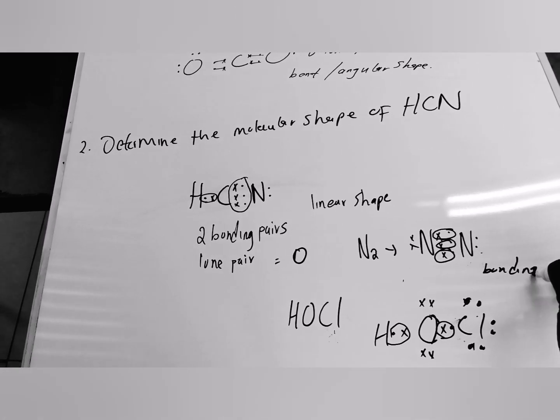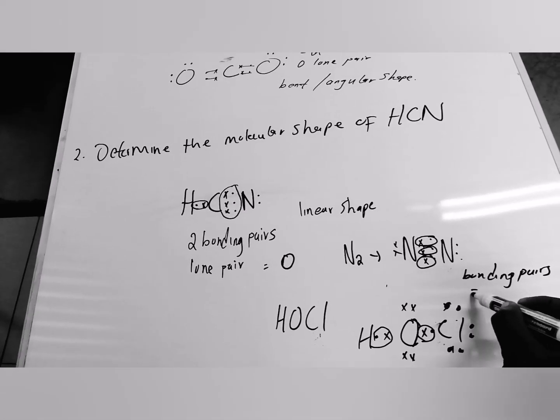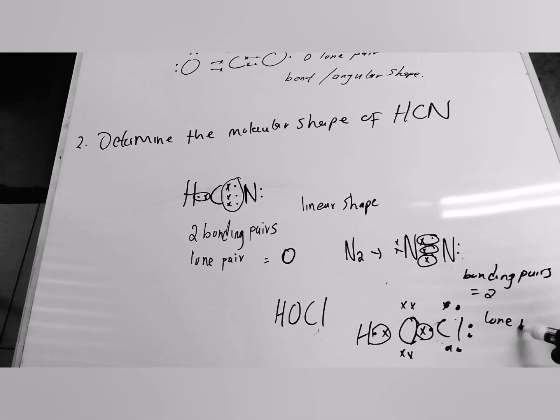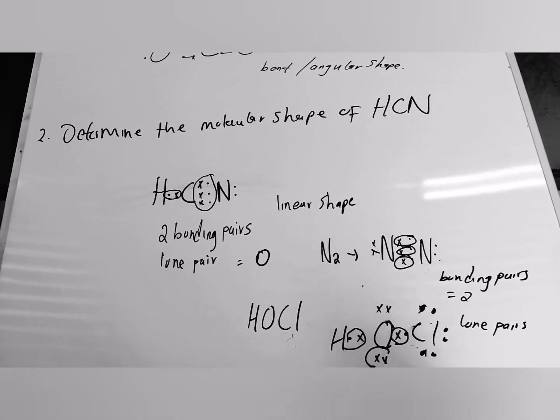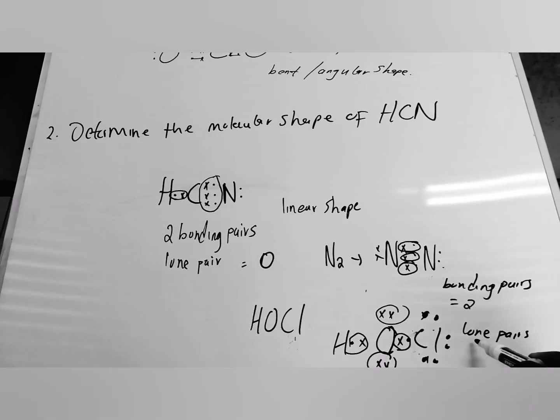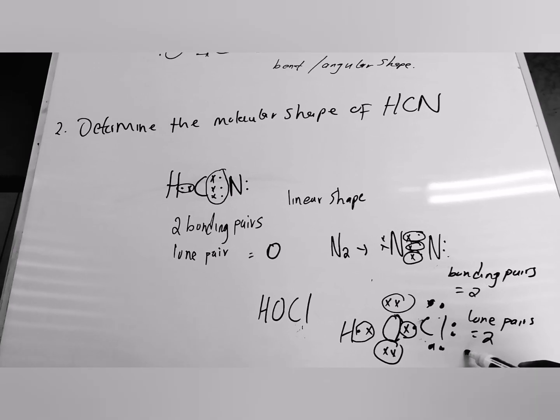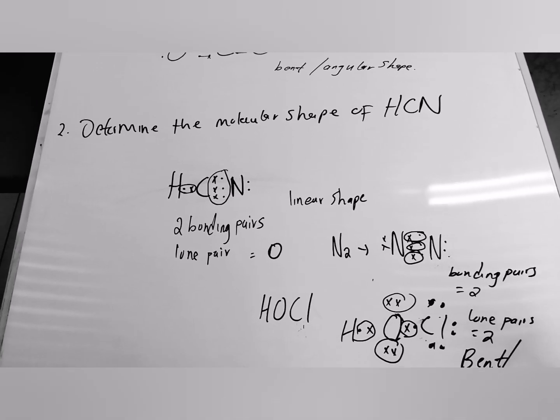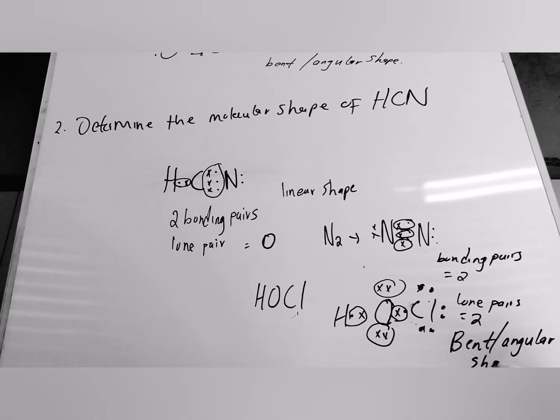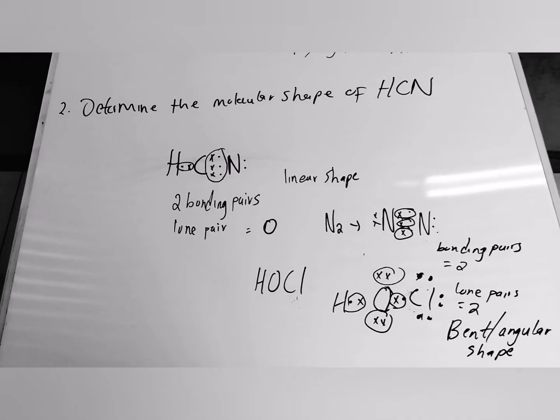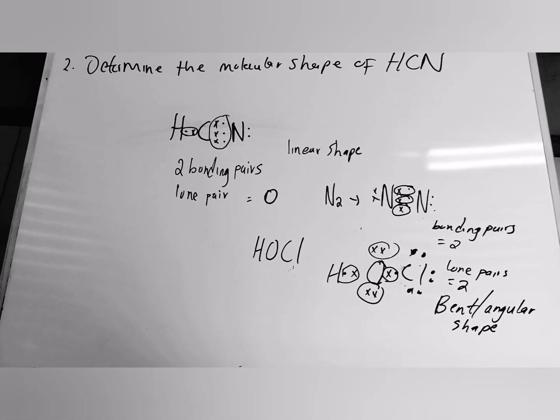It means that we have 2 bonding pairs. So that's very important, guys, for you to know. Now we have lone pairs. We check our central atom. These are unshared electrons, which we know as lone pairs. So we have 2 lone pairs and 2 bonding pairs. So this is a bent or angular shape. That's the shape of HOCl.